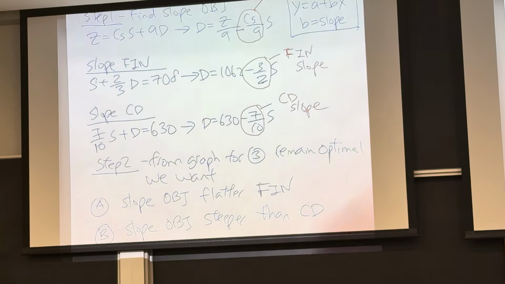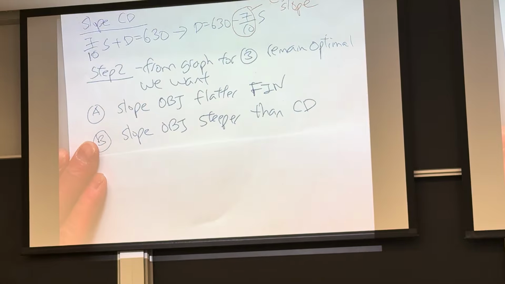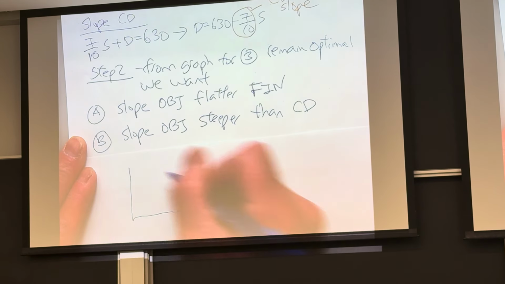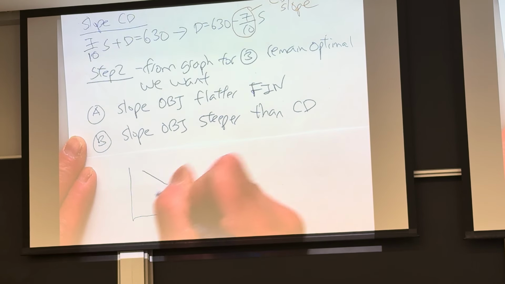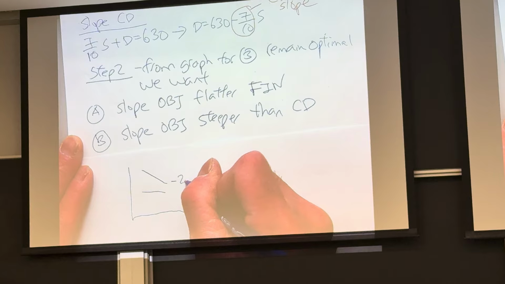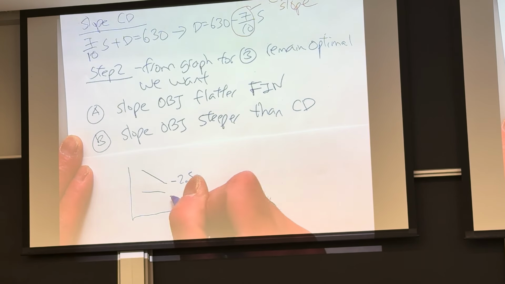Okay, so that we can compare slopes, we need a little reference over here. Maybe your slopes are negative, and a more steep slope would have a bigger negative number.